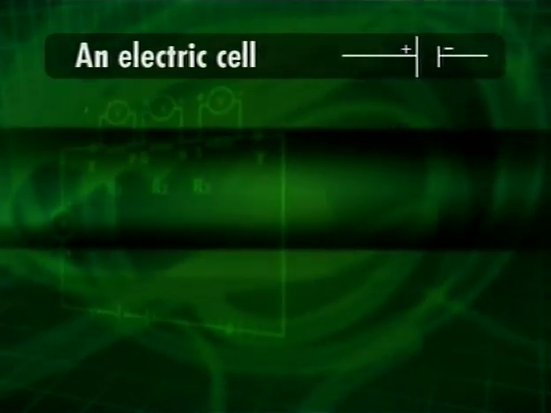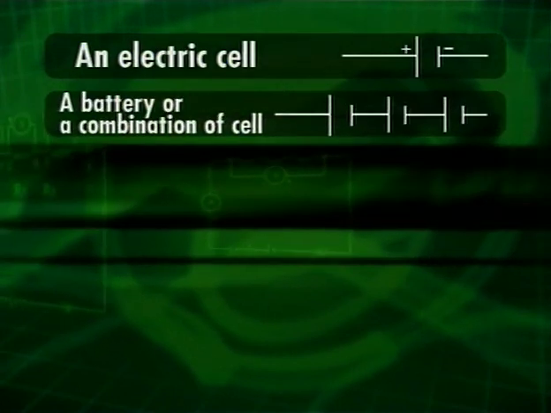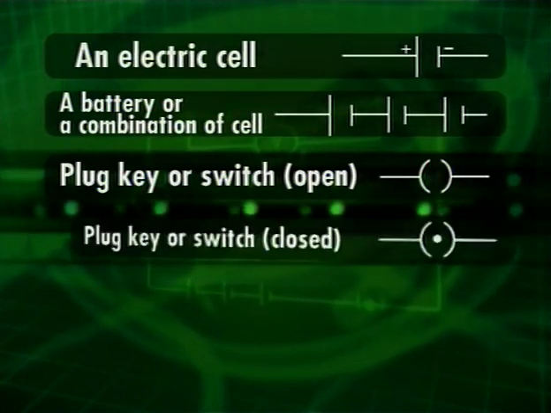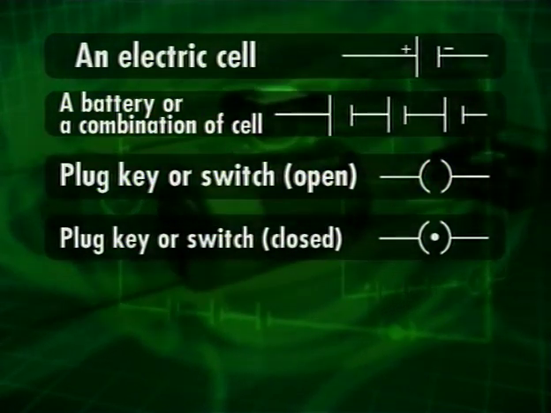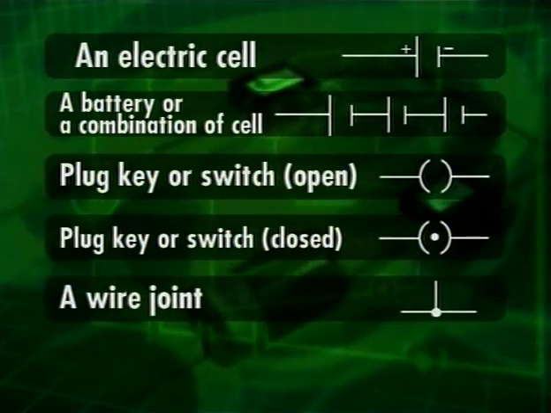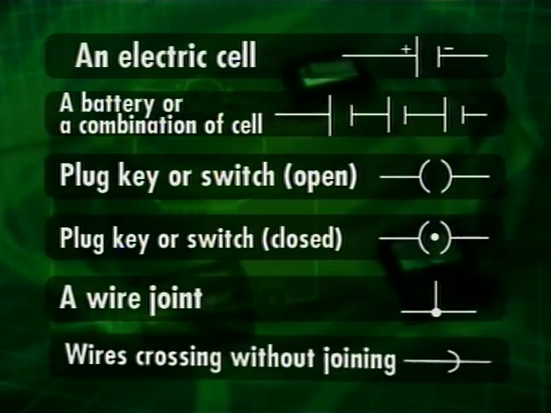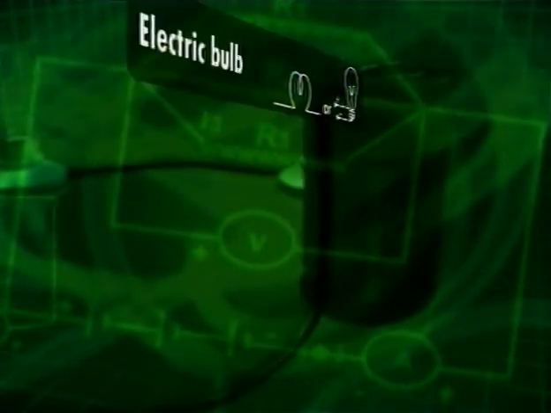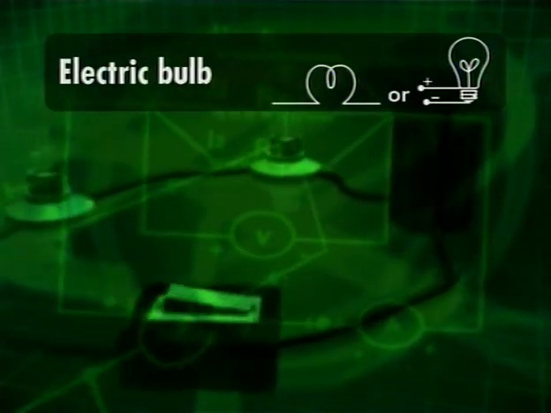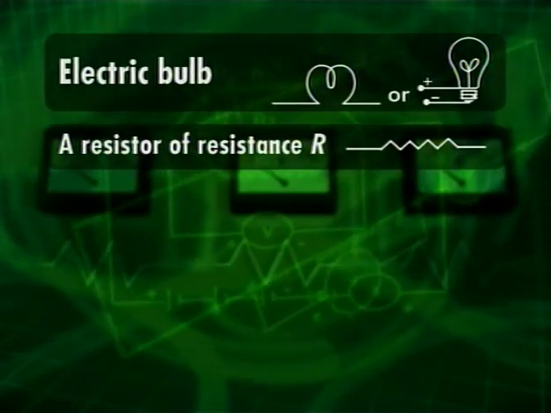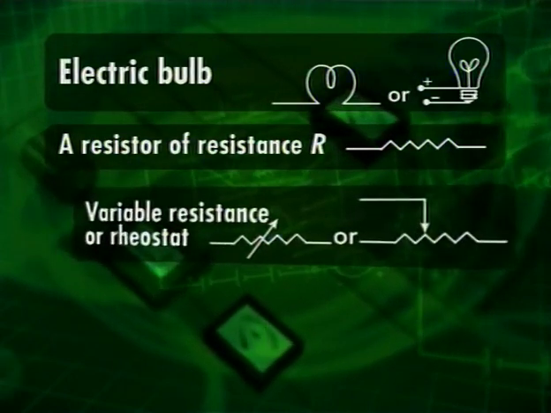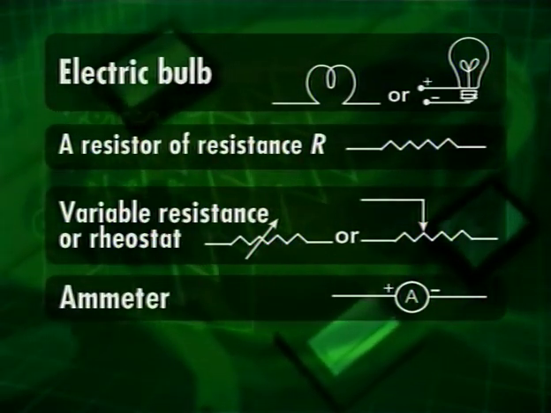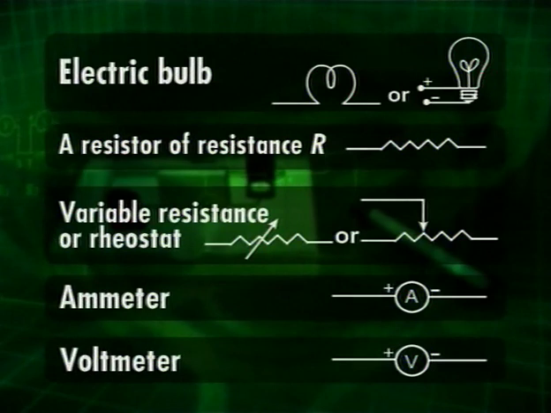An electric cell, a battery or a combination of cells, plug key or switch open, plug key or switch closed, a wire joint, wires crossing without joint, electric bulb, a resistor of resistance R, variable resistance or rheostat, ammeter, voltmeter.